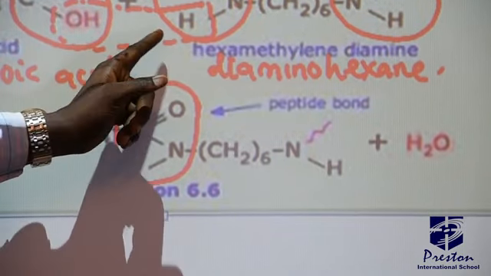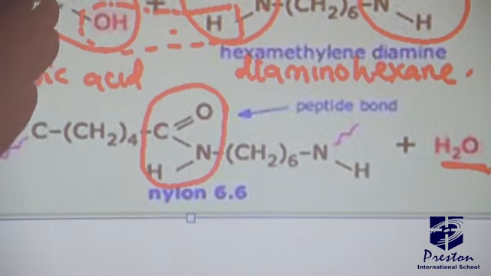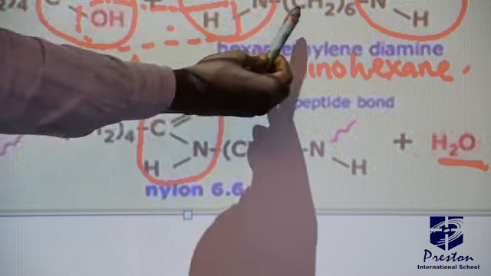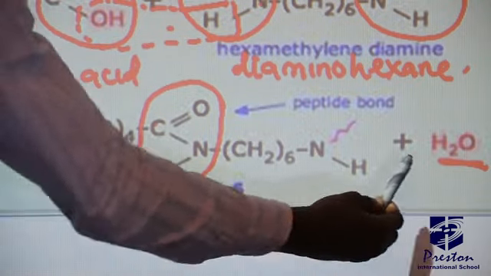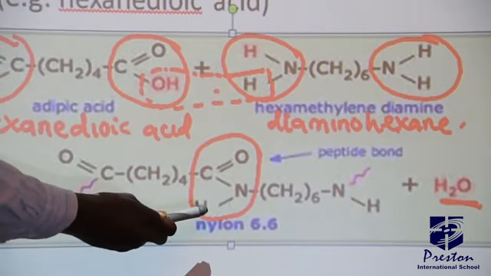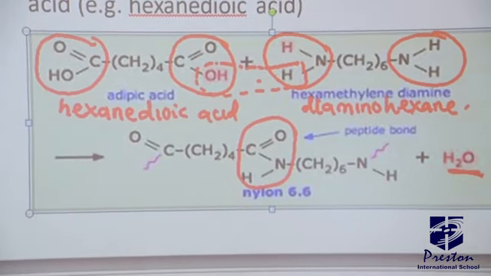And the water that is removed here, you can see it is what you have here. Now, when you look at this condensation polymerization, you will discover that we have two different monomers coming together. And at the end of the day, two products are formed with the elimination of water as well as a nylon which is formed.